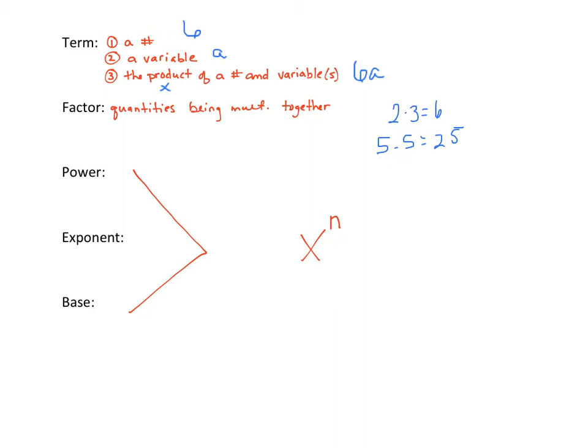And our last 3 terms, power, exponent, and base, we're actually going to look at all at the same time. I'm going to use the example of x to the n power. That's how you would say that, x to the n power. My base is this x. The n is the exponent.